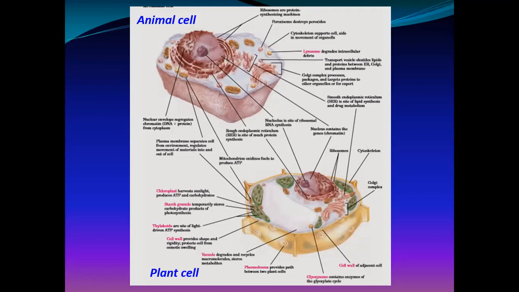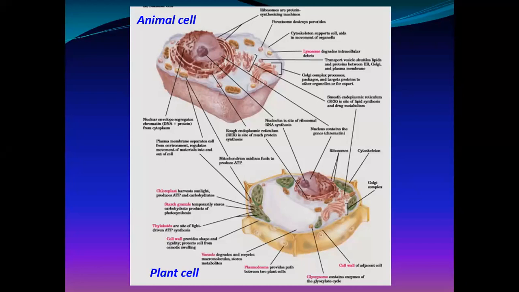In plant cells, additionally, you have chloroplasts, which are involved in the synthesis of carbohydrates. Starch granules are stored there. There are also membranes called thylakoids, which are the sites of light-driven ATP synthesis.